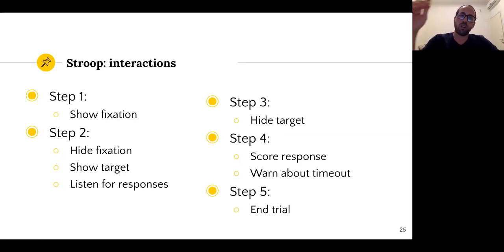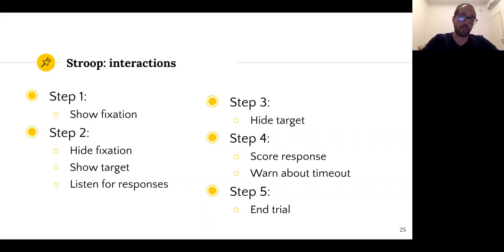Then we want to first hide the fixation, then show the target, the word that we want to show, then listen for responses. After a while, we want to hide the target, so the person has only a certain exposure to the target.